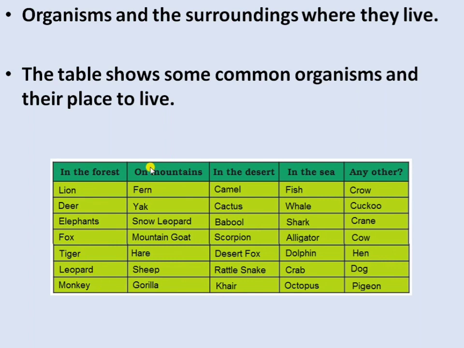On the other hand, in mountain areas, the organisms that live there are the fern, yak, snow leopard, mountain goats, and sheep. In the same way, in the desert area, these are the organisms which live there. In the sea or any other areas, these are the organisms and their place to live.